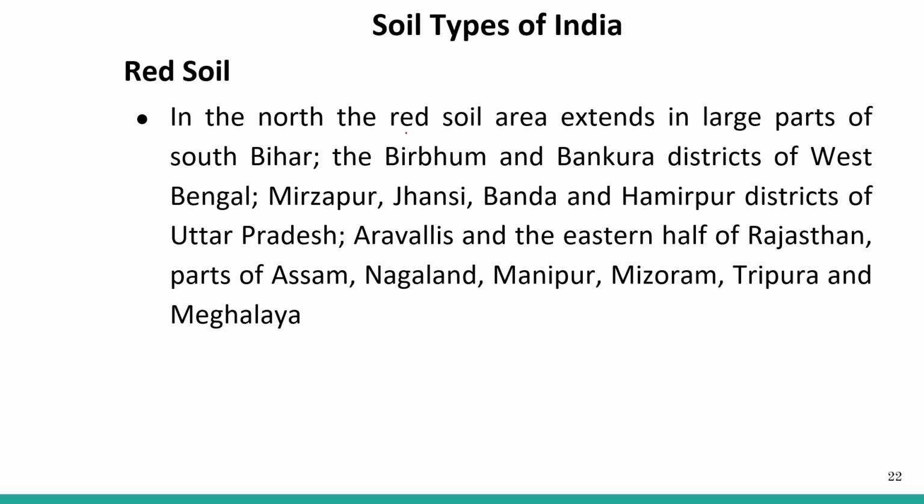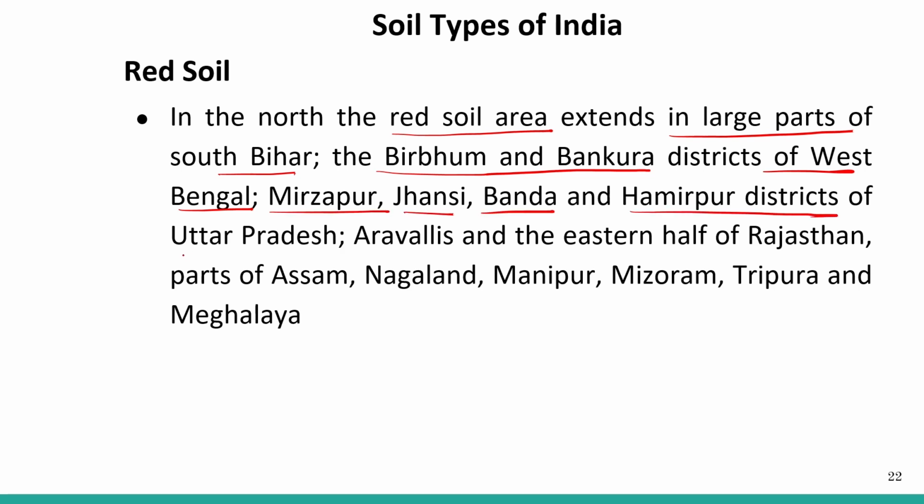In the north, the red soil area extends over large parts of South Bihar, the Birbhum and Bankura districts of West Bengal, the Mirzapur, Jhansi, Banda and Hamirpur districts of Uttar Pradesh, the Aravallis and the eastern half of Rajasthan, and parts of Assam, Nagaland, Manipur, Mizoram, Tripura and Meghalaya.